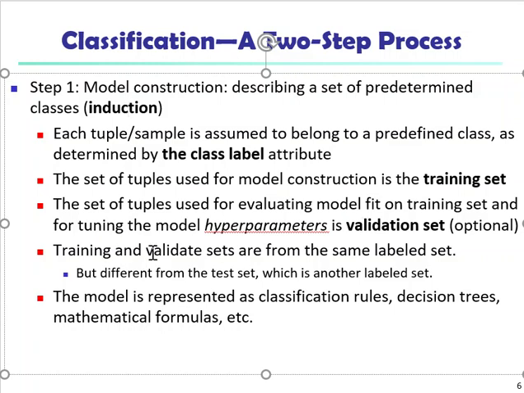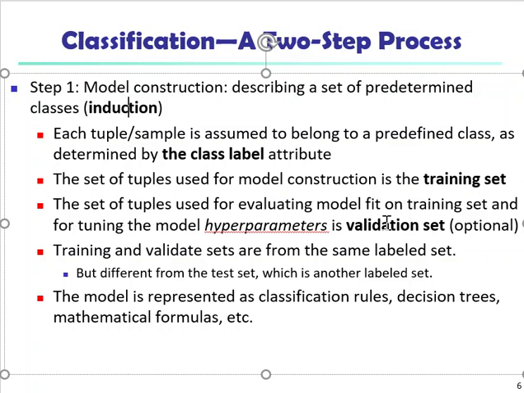The training set and the validation sets are from the same labeled set. So you will have some humans or crowdsourced places to get your labeled data set. You will divide that labeled data set into two main sets. One may be used for training or validation purposes.